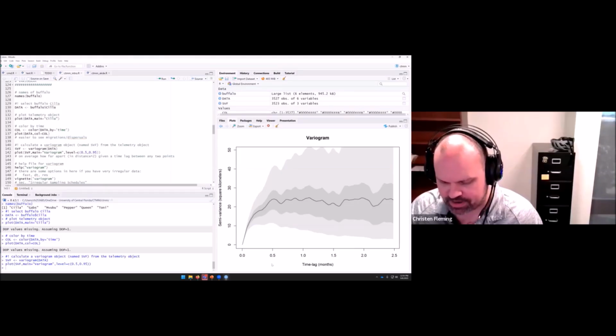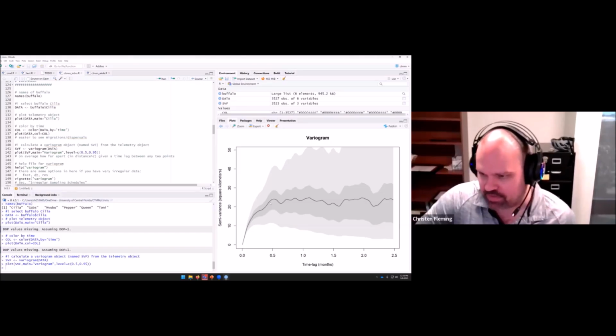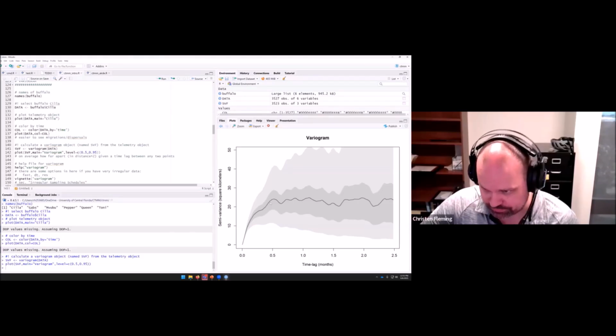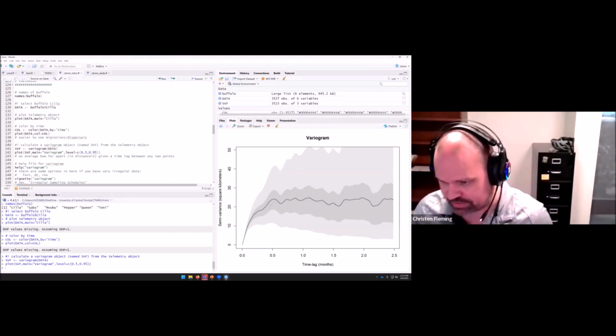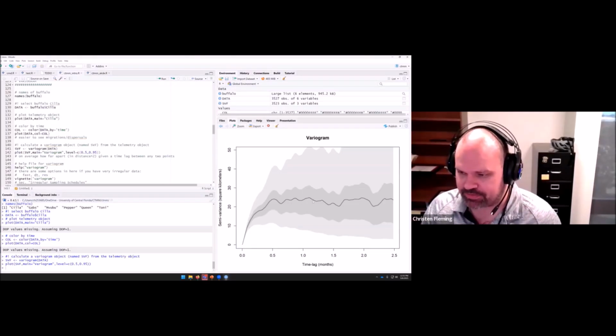I'm considering pairs of points that are this far apart, say a half a month apart. And then on the y-axis, it's if I wait half a month, on average, how far does the animal get, squared? That's the y-axis. So if I don't wait long, the animal doesn't get anywhere. And if I wait a long time, the animal gets pretty far.